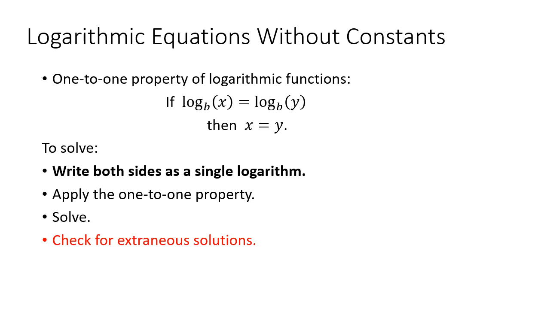So at the end of each problem, you take your answer, you plug it back into the original equation before you started manipulating things. If it makes the inside of any logarithm negative or 0, that is something that is undefined, so you throw it out. If it keeps the inside of all of the logarithms positive, you're good. You get to keep the answer. So let's take a look at some examples of logarithmic equations without constants.